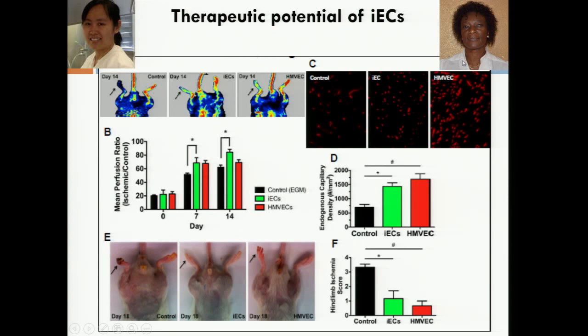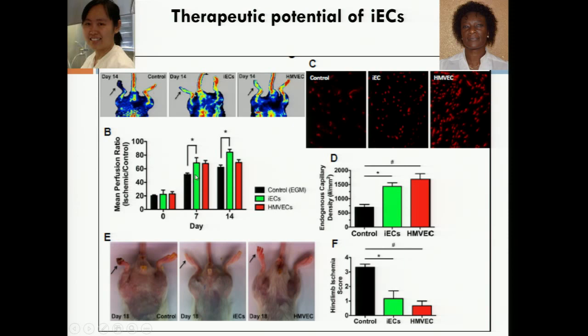Shu is helped by Iris in using the hind limb ischemia model. Shu has shown that these cells, induced endothelial cells, can actually improve perfusion. So here's mean perfusion over time after ligation of the femoral artery. That causes an 80% reduction in blood flow. Over time, that improves. Control is in black.